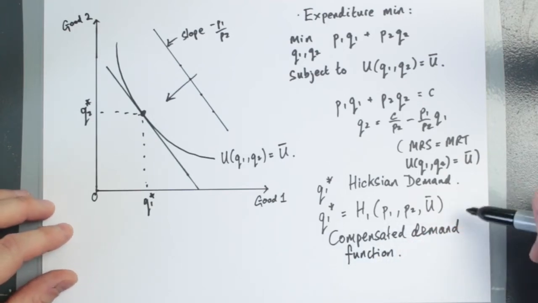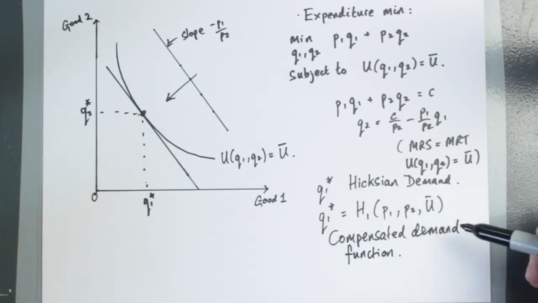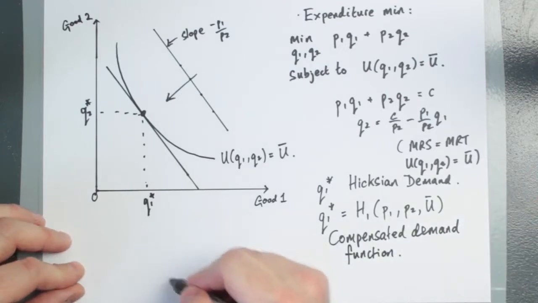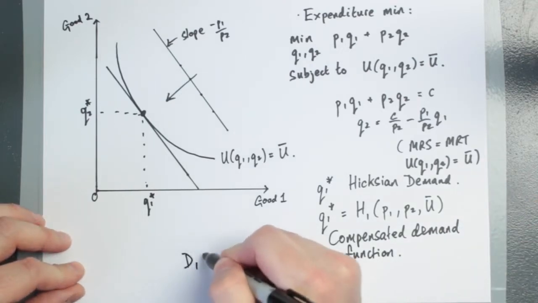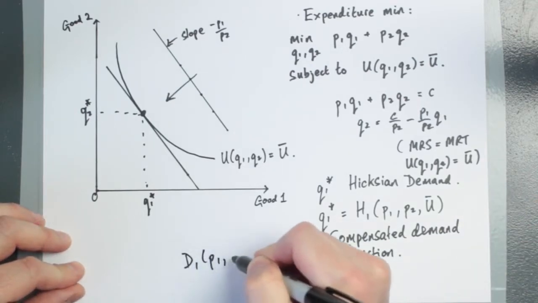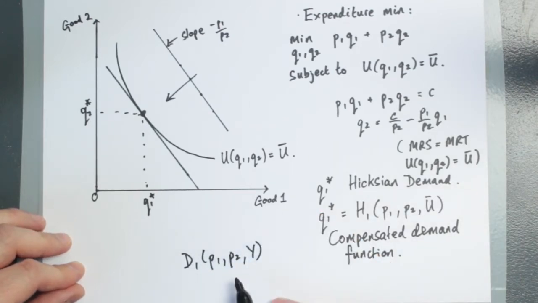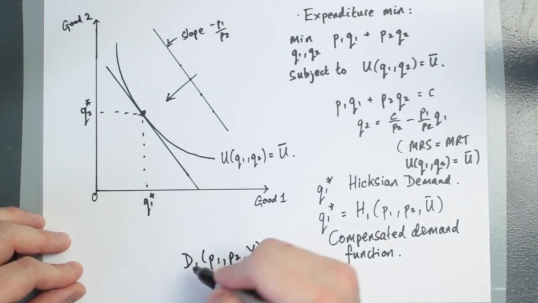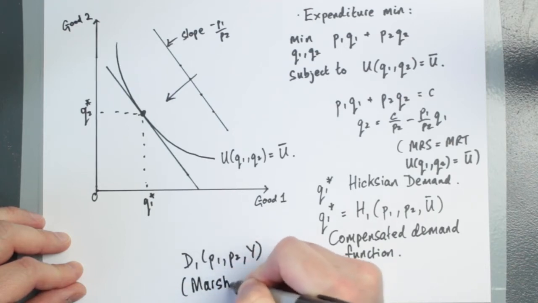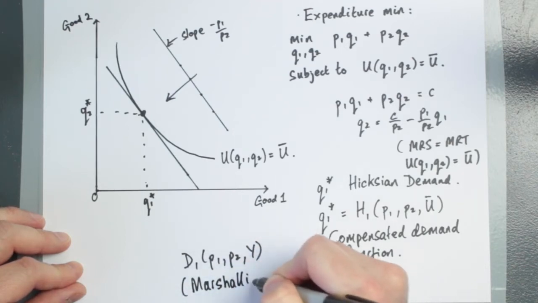And the demand functions that we've seen before, so for instance when we had a function D1 which was a function of P1, P2 and income Y, this is often called an uncompensated demand function, or it's sometimes called a Marshallian demand after the economist Marshall.